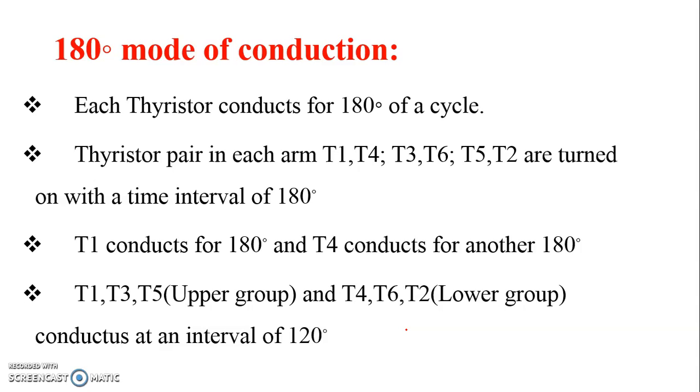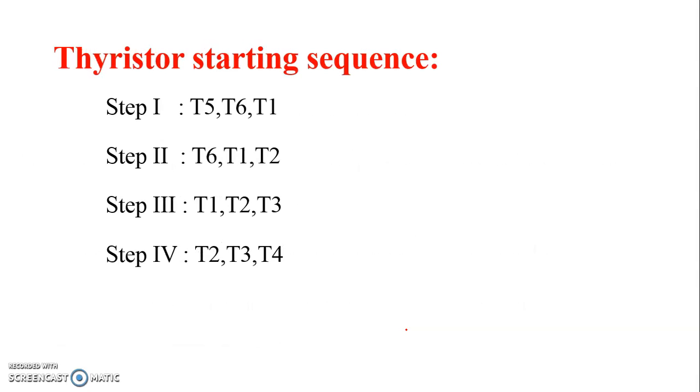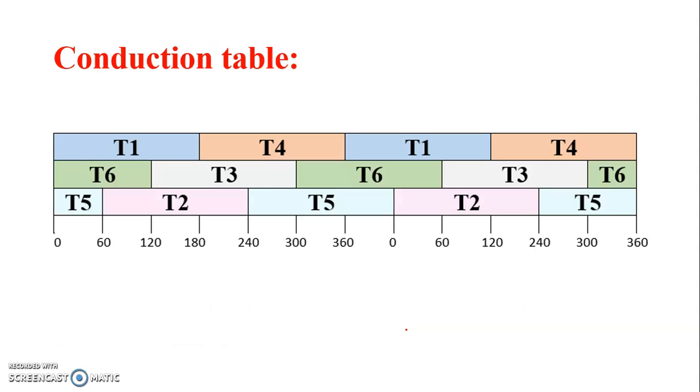Based upon the turning on condition, the table is drawn here. For step 1, thyristors T1, T6, T5 are turned on. For step 2, thyristors T1, T6, T2 are turned on.